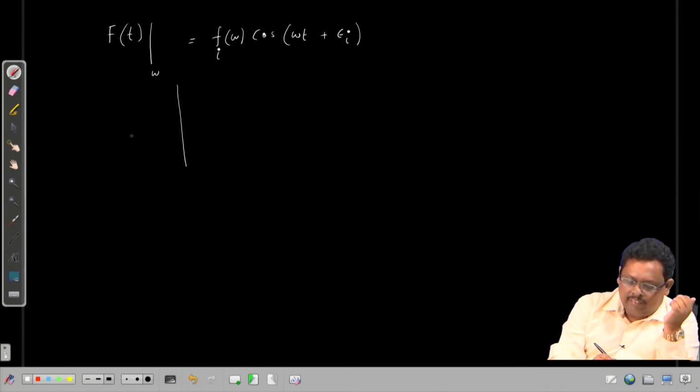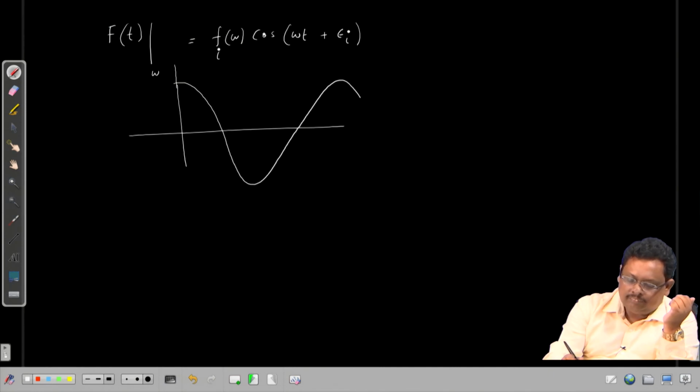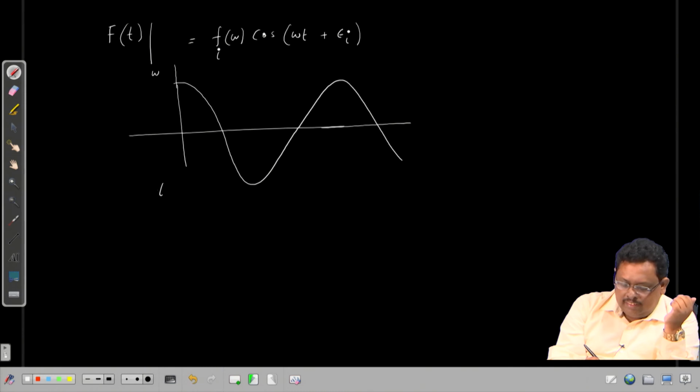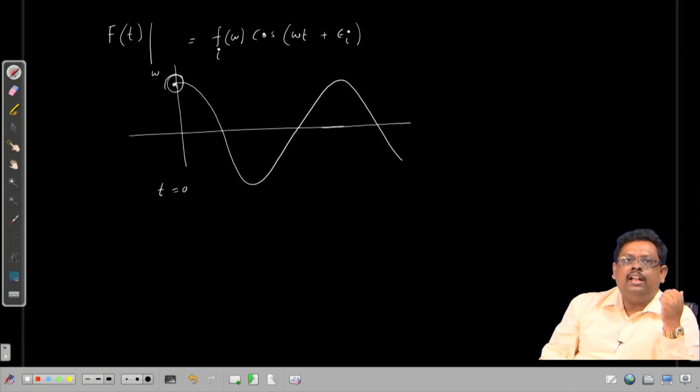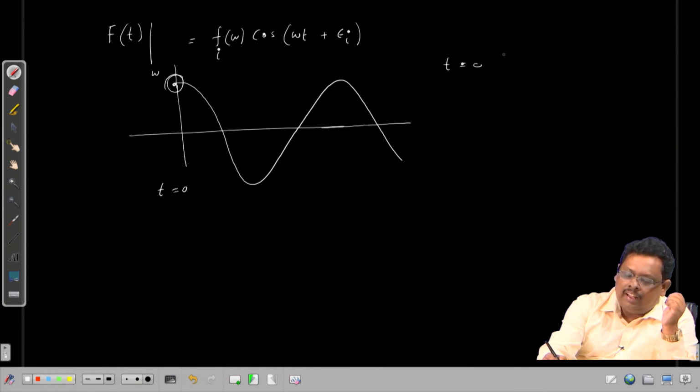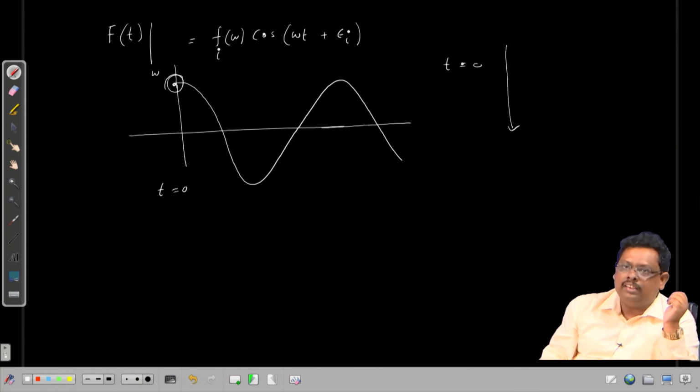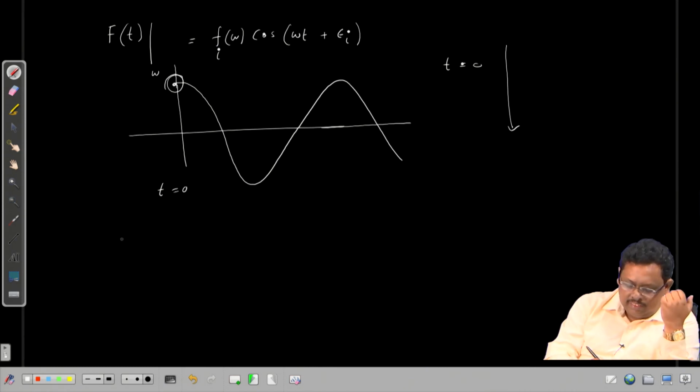If you take a plot, it is a cos term, so cos goes like this. At t equal to 0, you can experience a very large force, and that might cause some kind of numerical instability. Why? Because at t equal to 0, I really do not want a very large force acting on the vessel. So the question is how I can write this f.